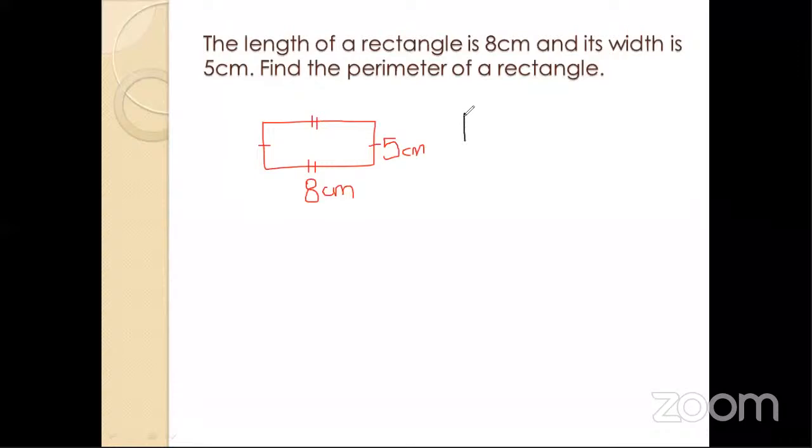So Samuel, what is the formula to find perimeter of a rectangle? Side plus side plus side plus side. Now that is side plus side plus side plus side is for a square. Yes, perimeter also has those sides, but the sides have their own names. For a rectangle, we have length and width.